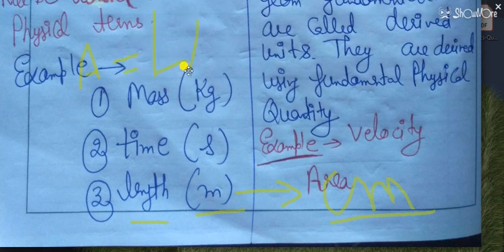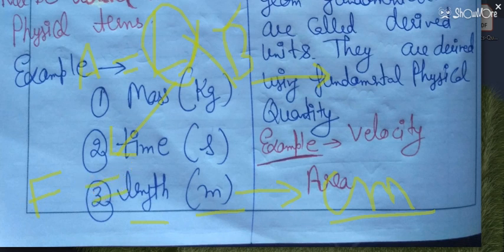So we can divide area into length into breadth. Length is fundamental, breadth is also fundamental. So if the unit is obtained by using one or more fundamental quantities, here we are using only one fundamental quantity, that is length. In the case of force, we were using three fundamental quantities: mass, length and time.